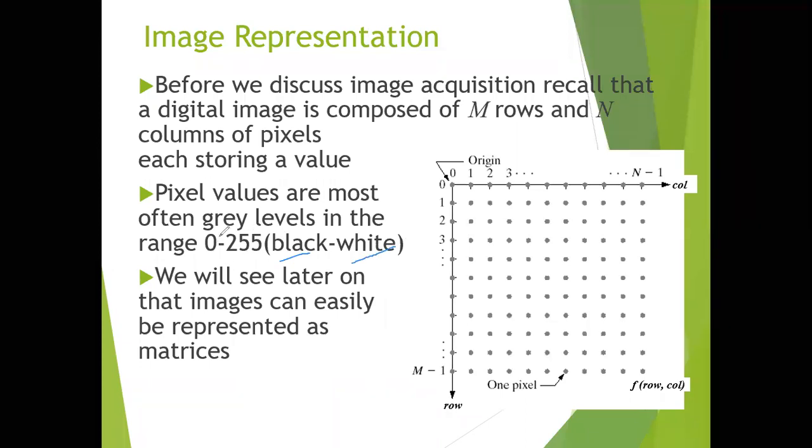So the intensity values range from black to white, and 255 means the shade value is completely white. So the entire image can be represented in matrix form, a two-dimensional matrix with m rows and n columns.